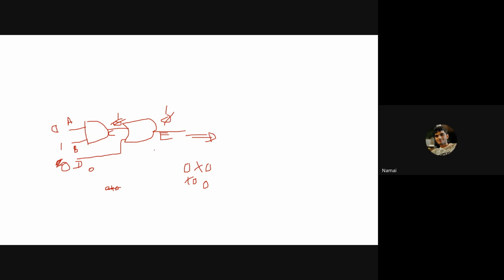Right? Correct. Similarly, let us do it for D stuck at 1. So this is my C, this is my D. If you want to expose D stuck at 1, we have to apply a 0 here, and in order to propagate this fault, this also has to be 0.